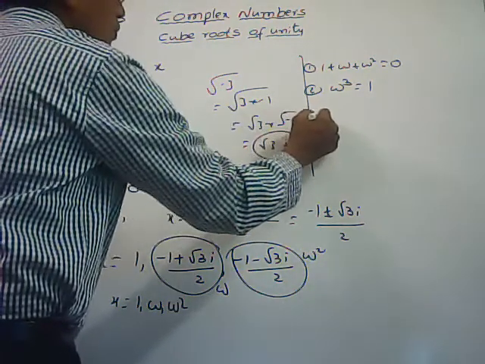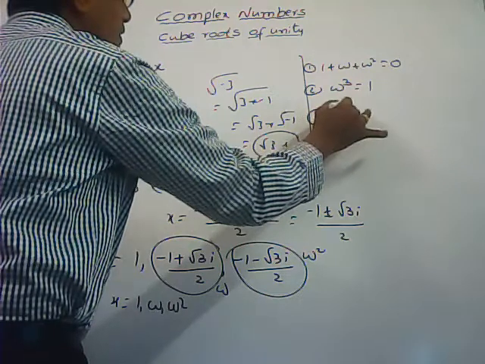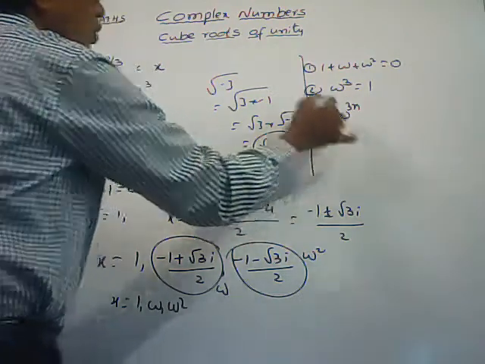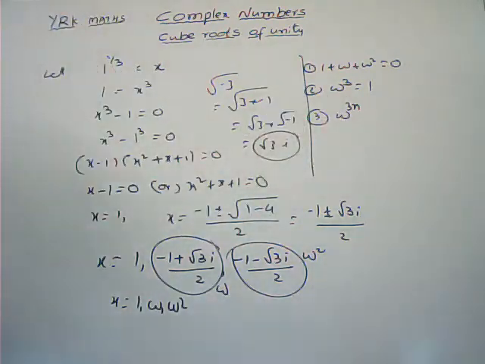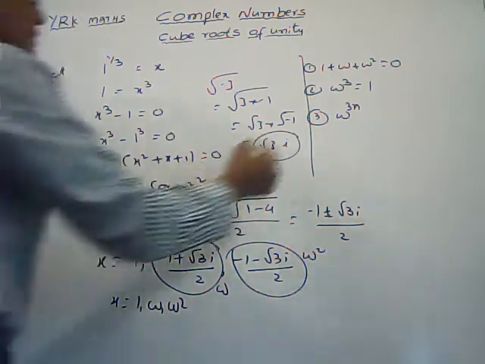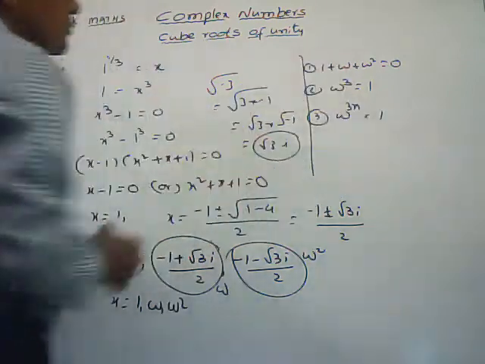Here the power of omega that is a multiple of 3, omega power 3n, where n belongs to Z, always becomes 1.